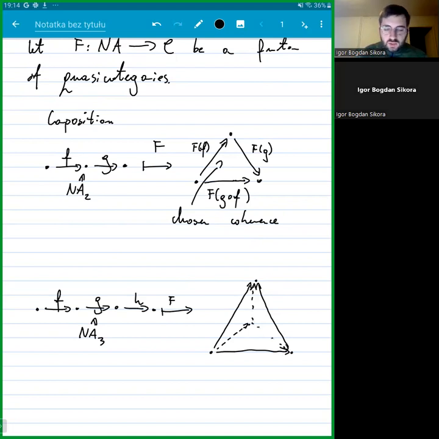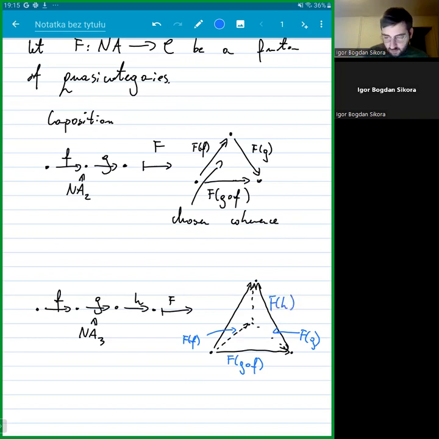Okay, so what we have on the bottom face of this three simplex, maybe I will change the color. This is F of f. This is F of g. And so in the bottom simplex, this is a witness of F of g composed with f. However, we want also to compose all of this stuff with h. So this edge over here will be F of h.